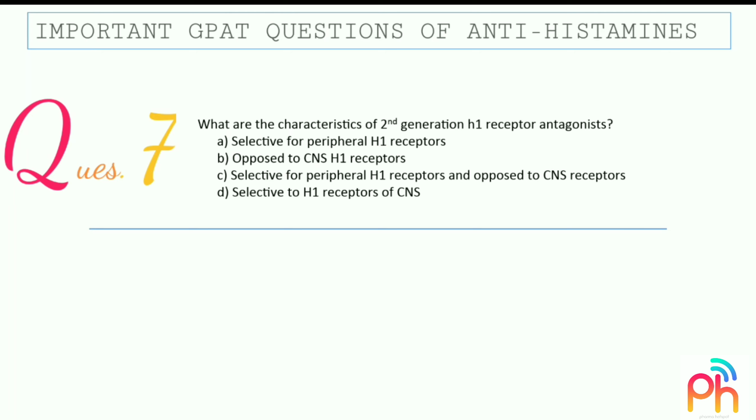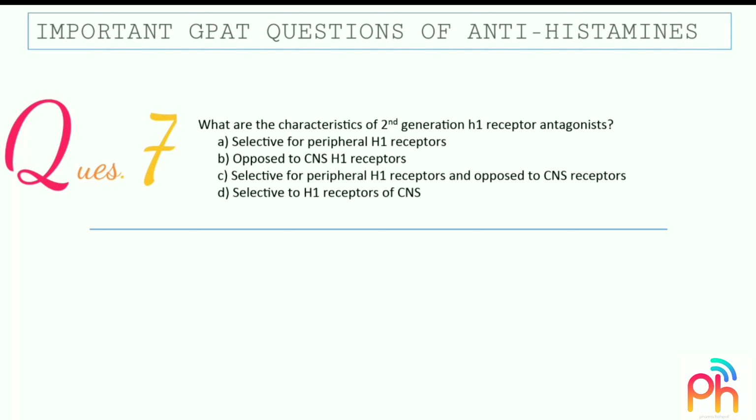Here is the seventh question: what are the characteristics of second generation H1 receptor antagonists? So the options are: selective for peripheral H1 receptors; option 2 is opposed to CNS H1 receptors; option 3 is selective for peripheral H1 receptors and opposed to CNS receptors, which is both A and B; and the fourth one is selective to H1 receptors of CNS.